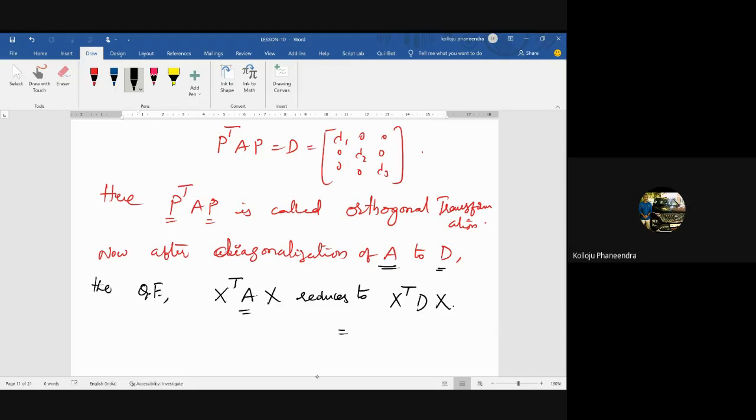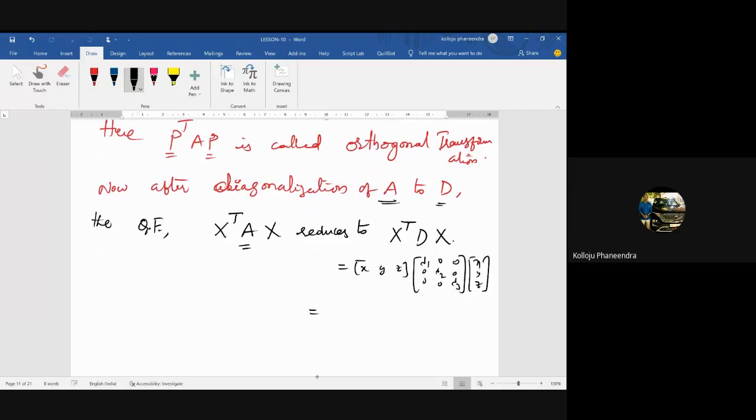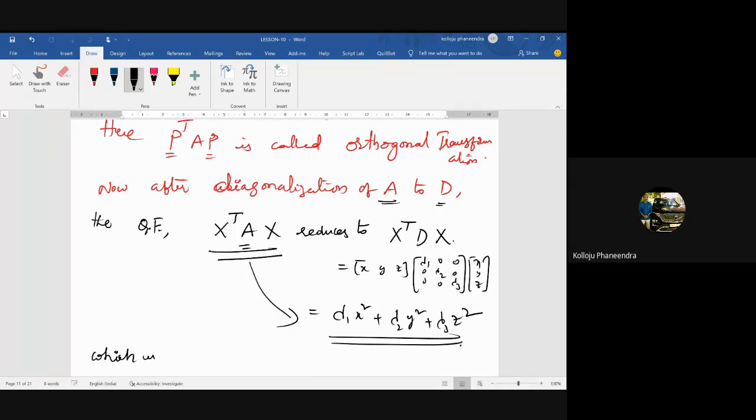If this is three variables, this is lambda 1 0 0, 0 lambda 2 0, 0 0 lambda 3, and this is XYZ. For example, taking 3 by 3, it is simply lambda 1 x square plus lambda 2 y square plus lambda 3 z square. The quadratic form is transformed to this, which is called the canonical form, or sum of squares.